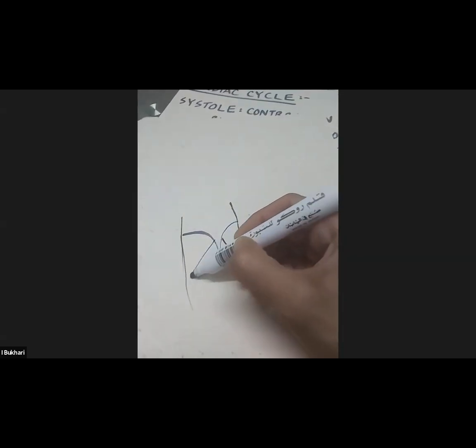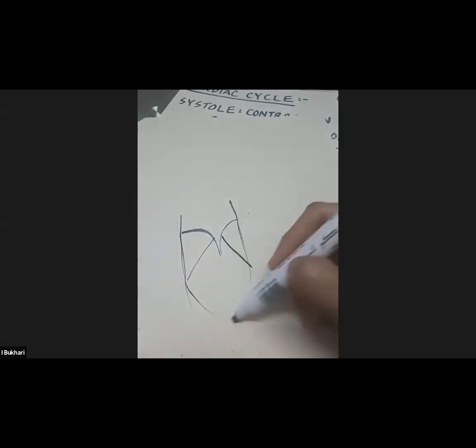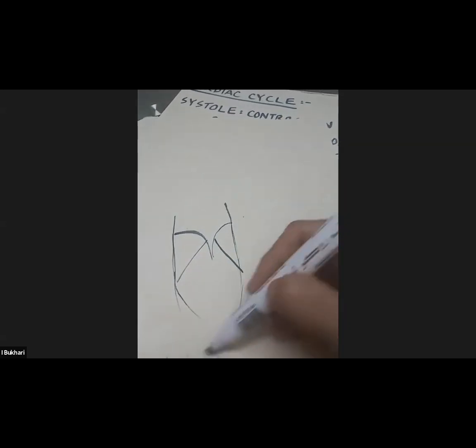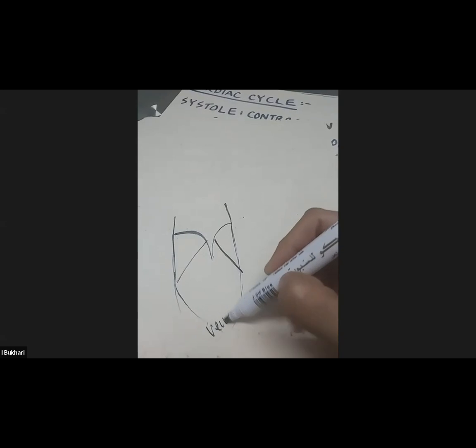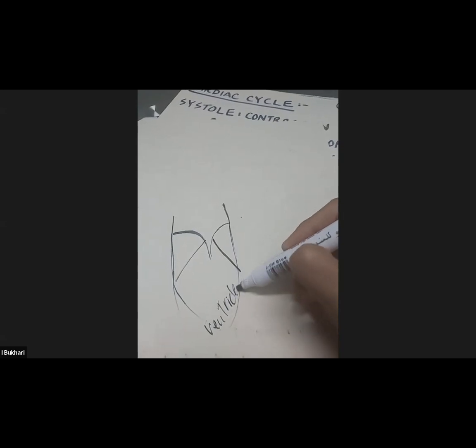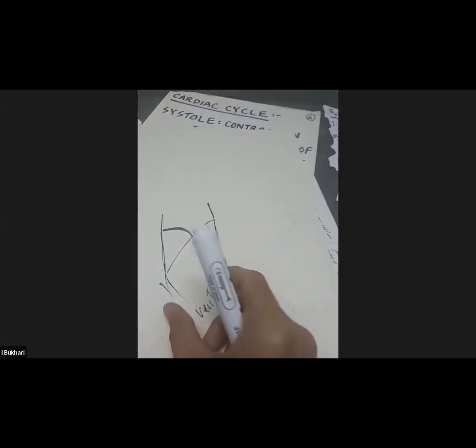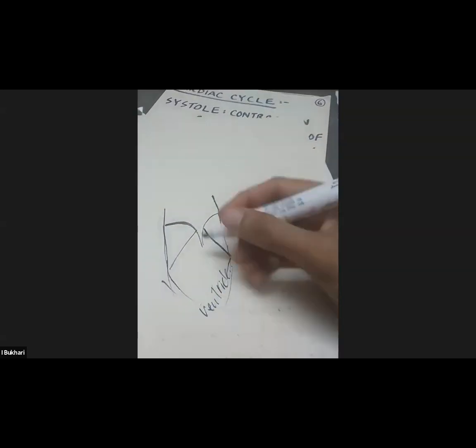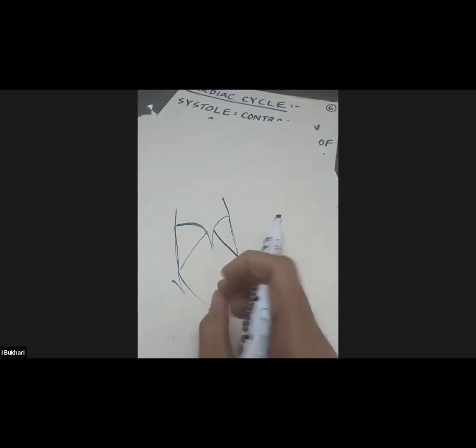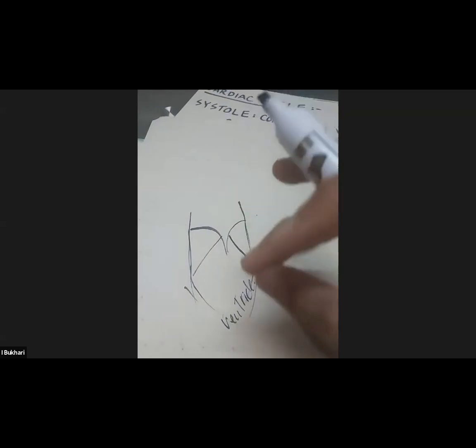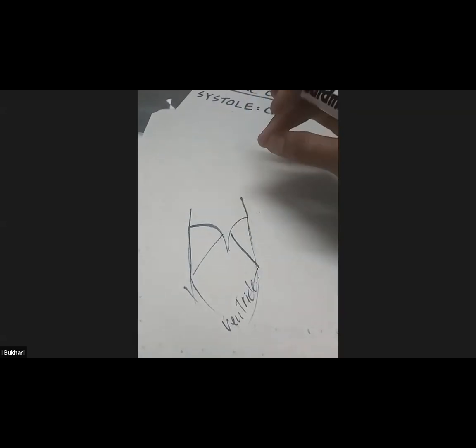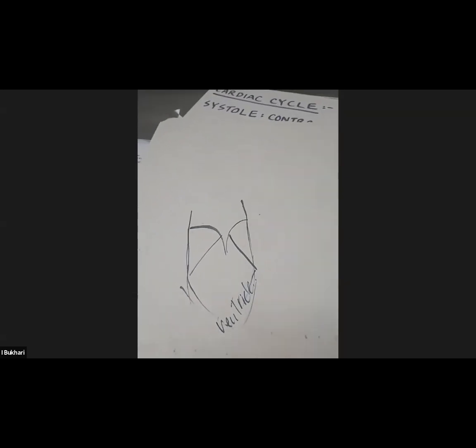Now if the ventricle is contracting, for example this is the ventricle, when it contracts, it just squeezes, right? And remember, fluid flows from a region of high pressure to a region of low pressure. We have done this already. Fluid always flows from a region of high pressure to a region of low pressure.